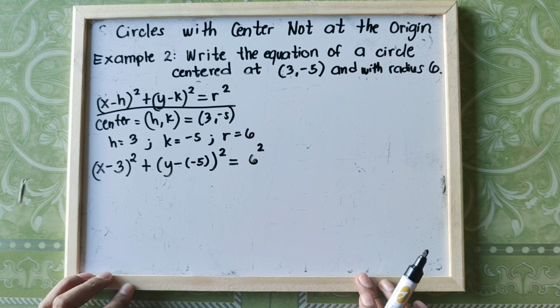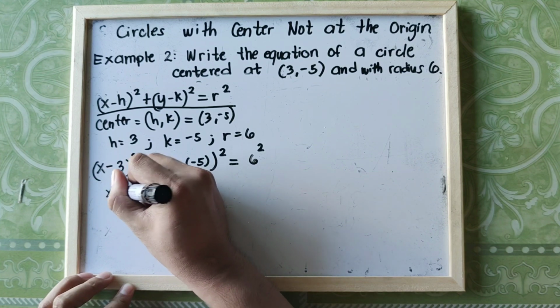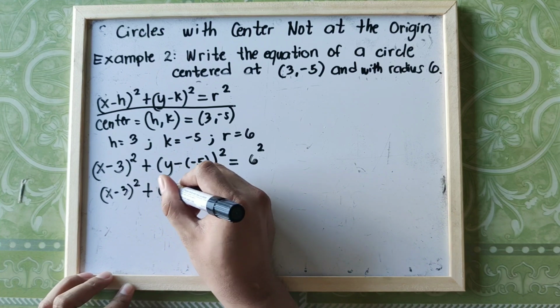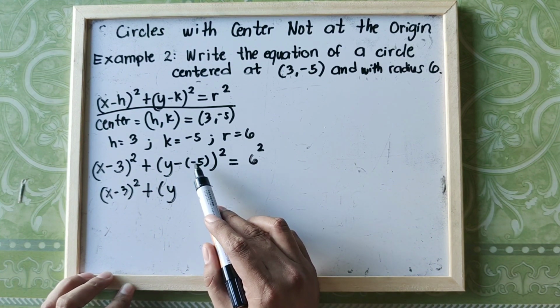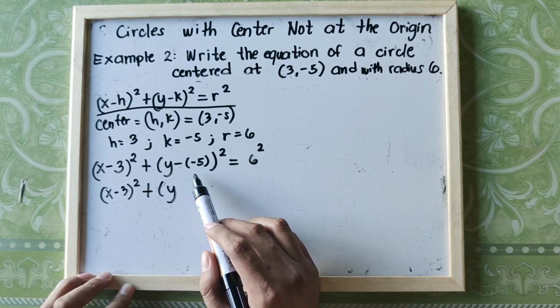So let's proceed. Simplify. So our x minus 3 squared plus... negative times negative. Basic operation of multiplication. If you are going to multiply two numbers with the same sign, automatically the result is positive.